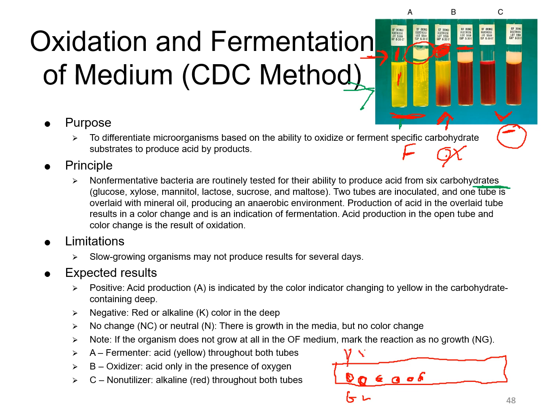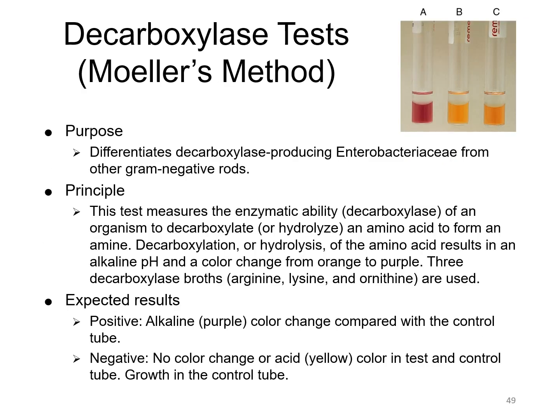So maybe it's yellow in these two, so you know that it will ferment glucose and lactose for both of those tubes. And again, some of these have the same way of looking for oxidation, where oil is actually laid over top of those little wells to see if it will oxidize that sugar as well.